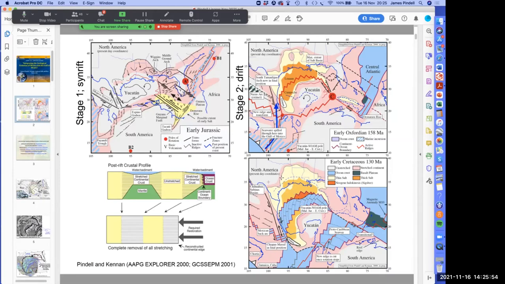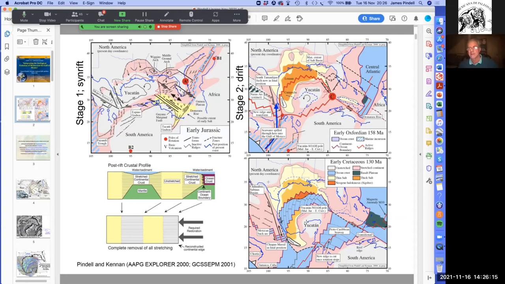First, you stretch or rift the crust, and then you start seafloor spreading to make some ocean crust between the two conjugate margins. So depending on how you map the occurrence of the ocean crust, you will get different reconstructions of Yucatan and the United States. So we'll talk about that.